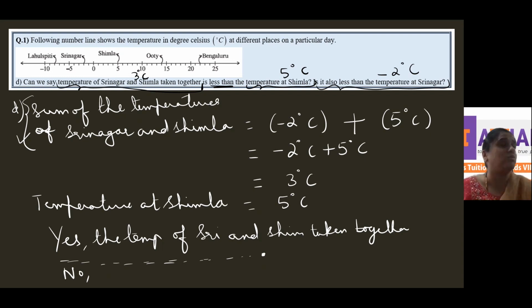Yes, no. Next one, answer. Either compare. Which are the two temperatures we are comparing? Tell me the numbers. I have written the numbers above. Which two numbers are we comparing? Anirudh, which two temperatures did we compare first? I have written 3 degrees Celsius, 5 degrees Celsius and -2 degrees Celsius.